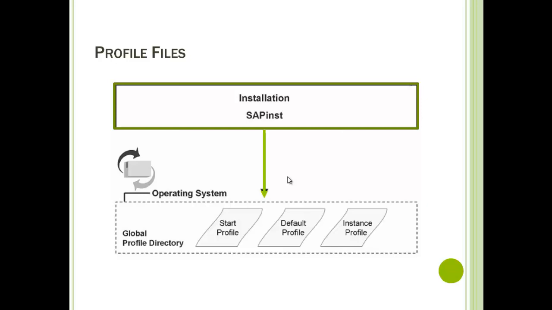SAP has three different profiles: start profile, default profile, and instance profile. In principle, you can change these profile files with an operating system editor, for example Notepad on Windows or VI on Unix. But the user must make sure that the changes performed are correct.